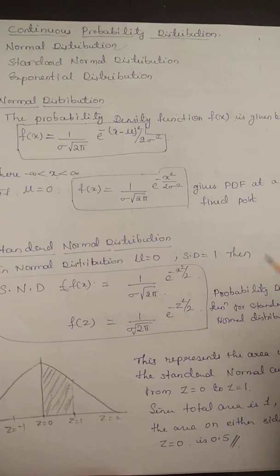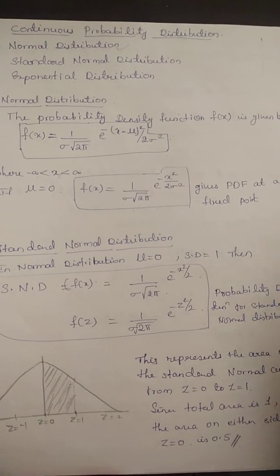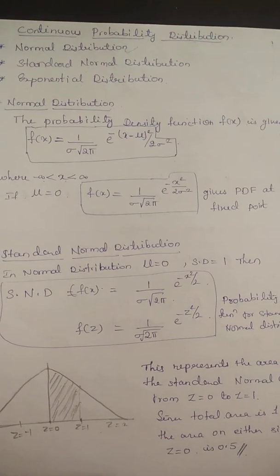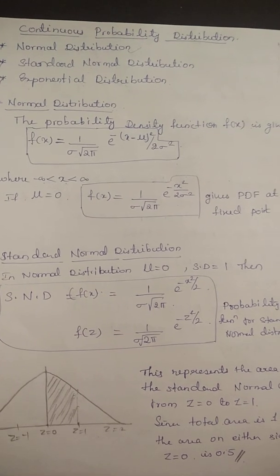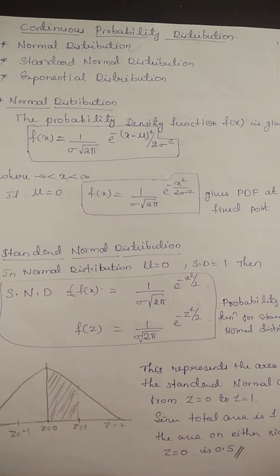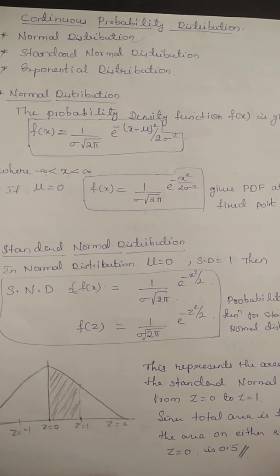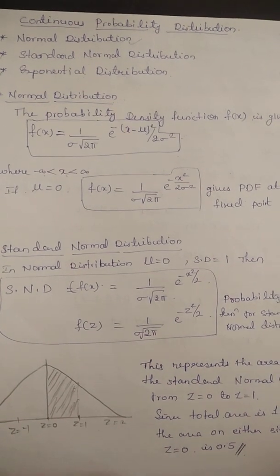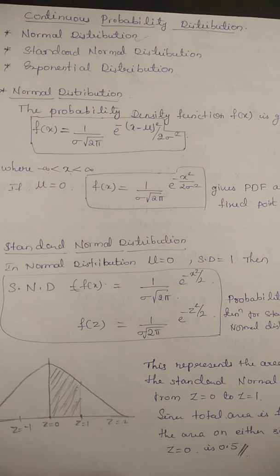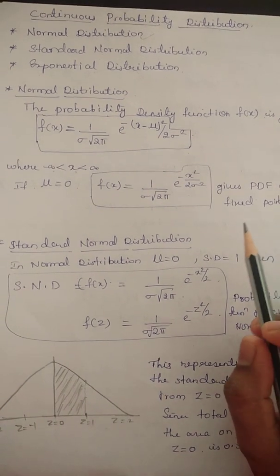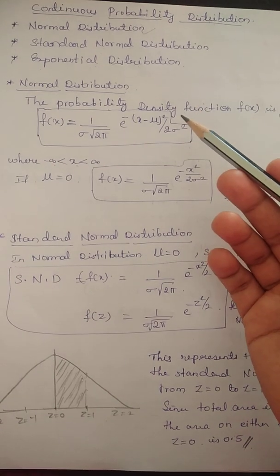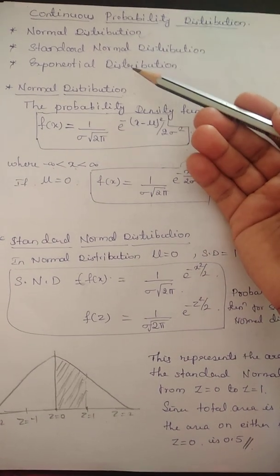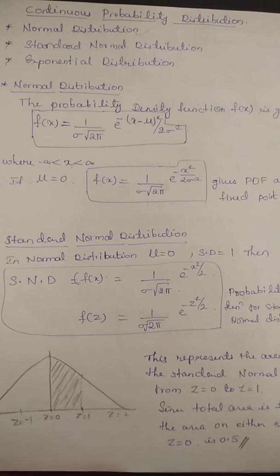But while solving problems, we don't have to integrate directly, because the values will be given in a table. Whichever textbook you are referring to, it will be given at the back of the textbook. While solving the problems, I'll tell you the methods to solve the normal distribution, standard normal distribution or exponential distribution.